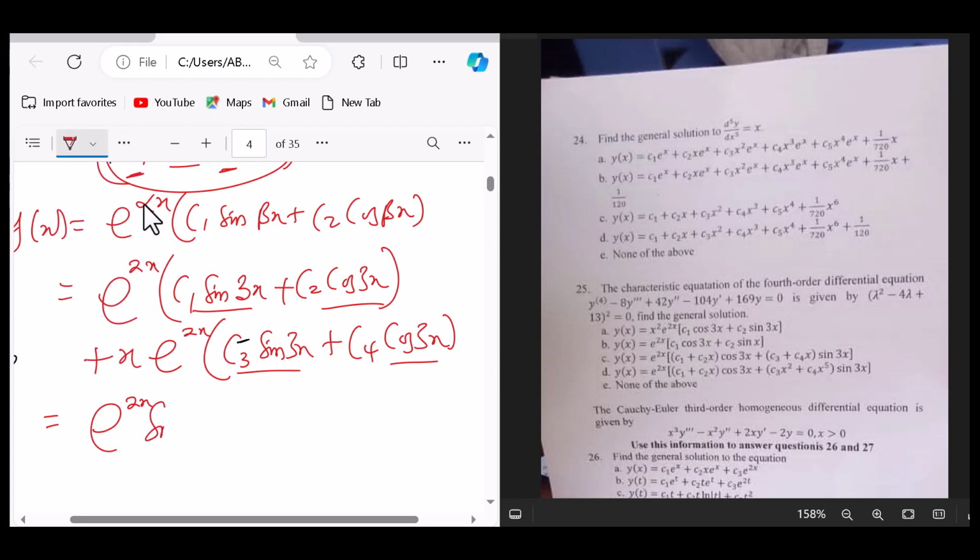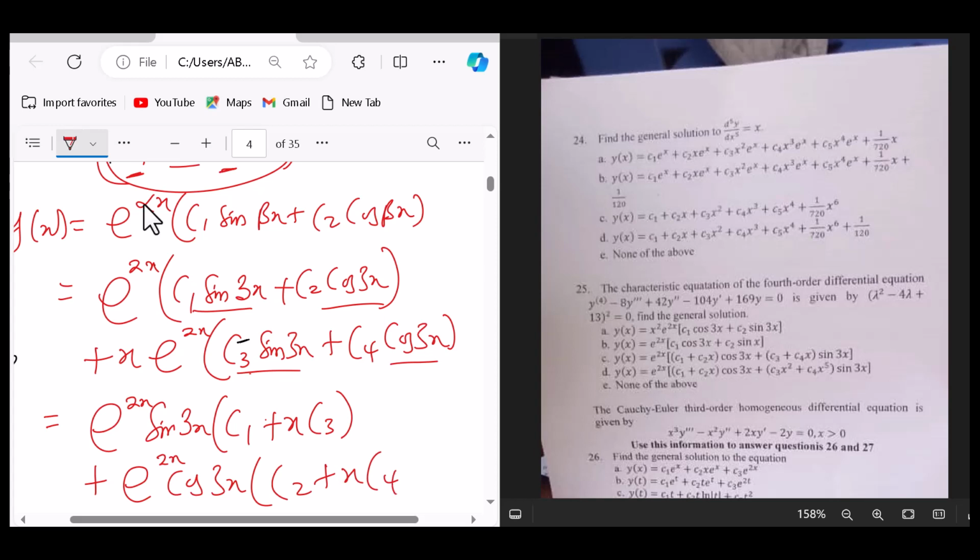So sine 3x into brackets c1 plus x c3, now plus e power 2x cos 3x into brackets c2 plus x c4, like this.